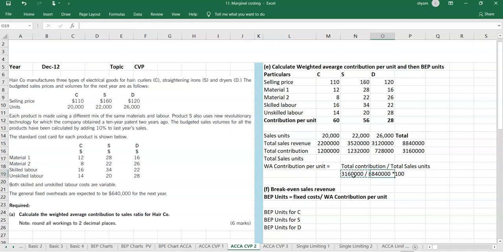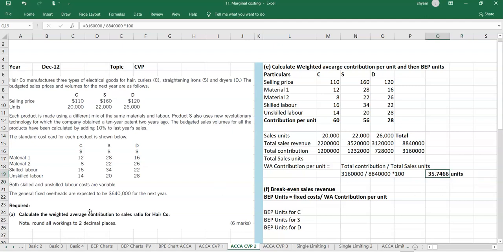So let's get the answer. So this is the break-even units. So we got the break-even units.